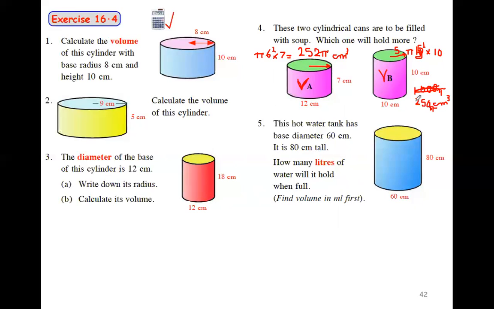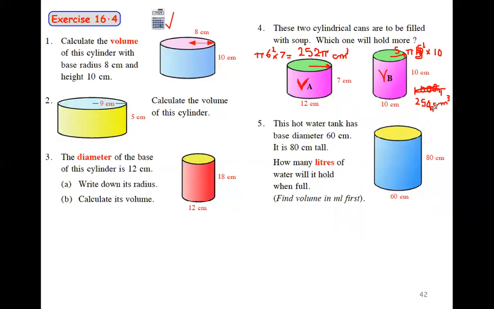So you don't even need to bother about using pi equals 3.14. You can see straight away you've got enough to give the answer. If they had asked us to calculate the volume to 1 decimal place or use 3.14, then you would do the extra work. But we don't need to do that extra work.